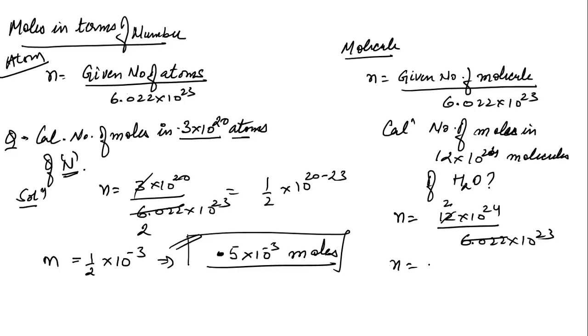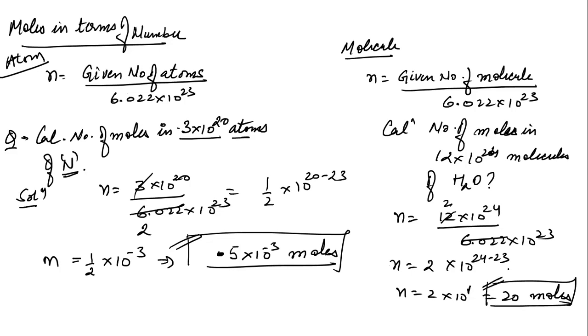Almost 2. So n will be equal to 2 into 10 power 24 minus 23, which is 2 into 10 power 1, that is 20 moles. Clear? Any doubt? Got it?